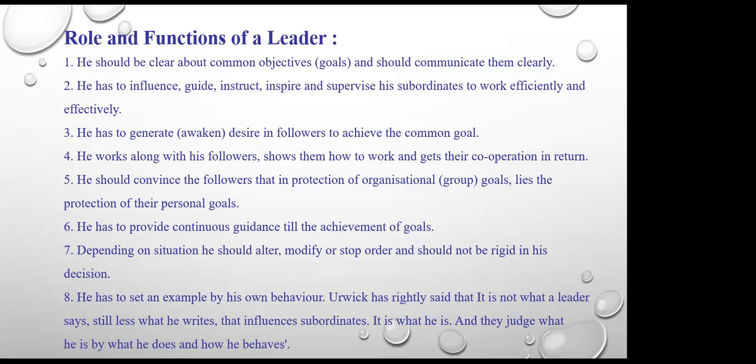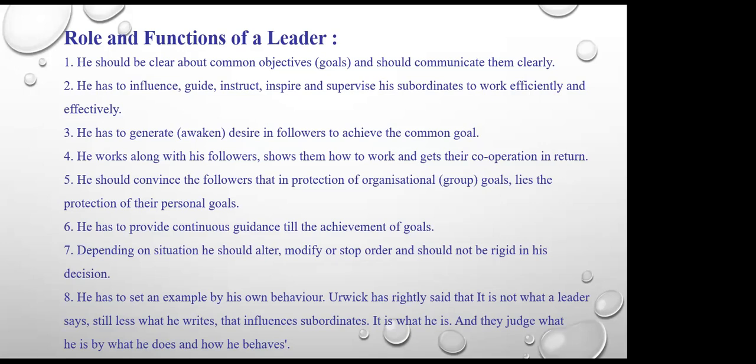And also the leadership, in the sense, all the managers and supervisors, engineers, somebody leading a group of people, everybody will be a leader, but they should have these many qualities to become a leader.